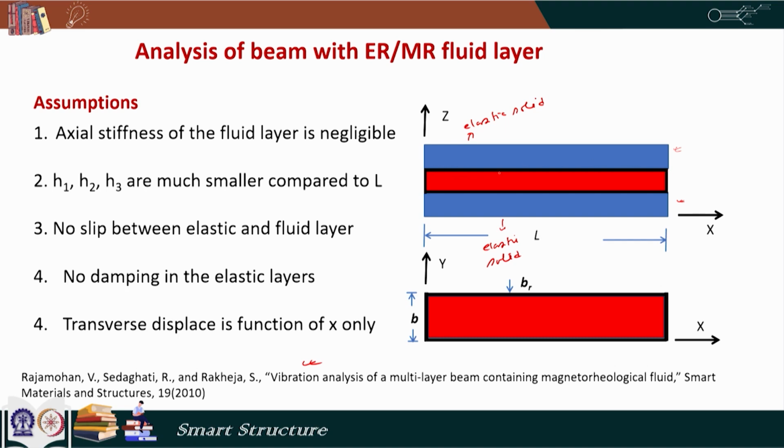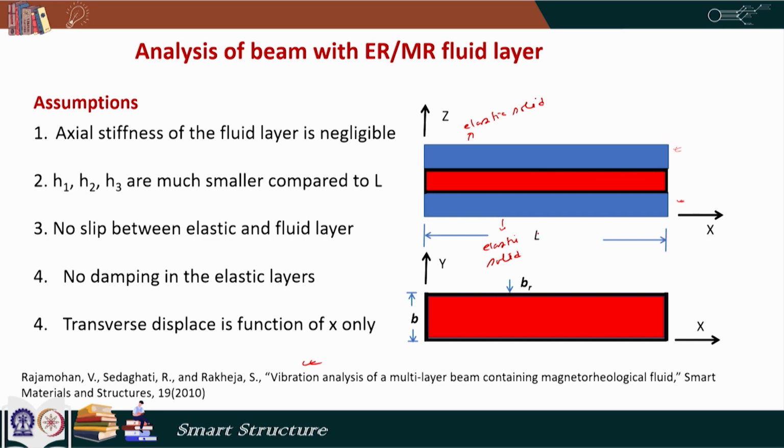So, this rubber region we can see in the cross sectional view in the XZ plane, that is at the periphery. Similarly, in the cross sectional view in the XY plane, it is also seen in the periphery. So, this entire rubber region is the wall of the rubber, of thickness BR. So, that rubber region contains the ER MR fluid inside it.